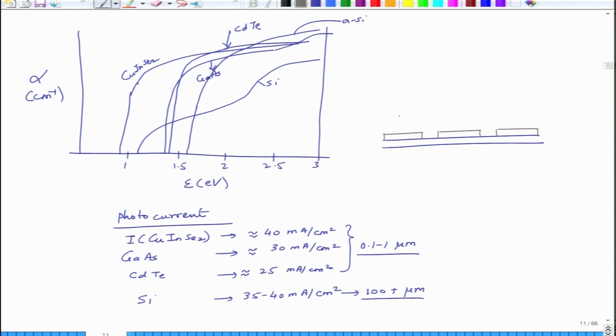So, we put in the semiconductor, let us say, all right, and then of course you can have contact on this side also.